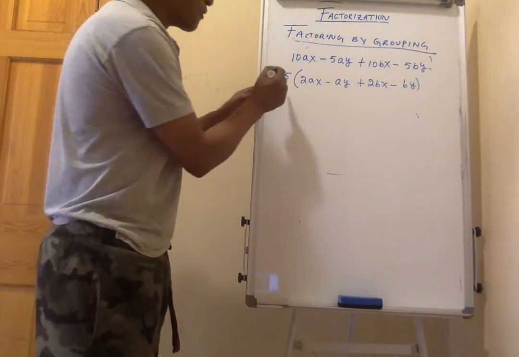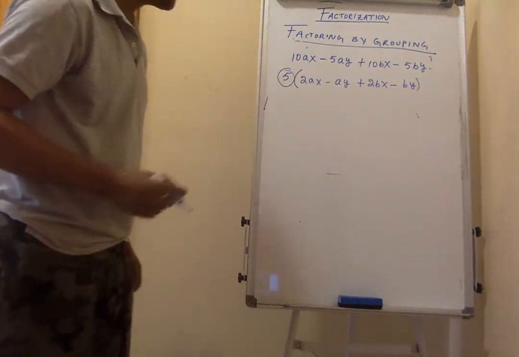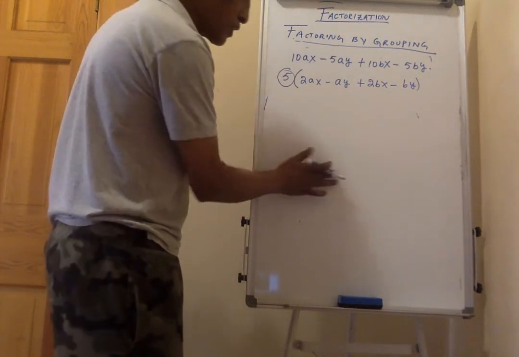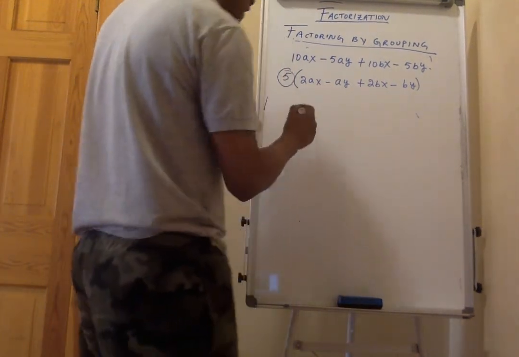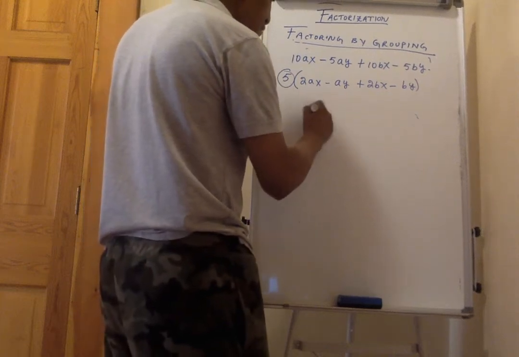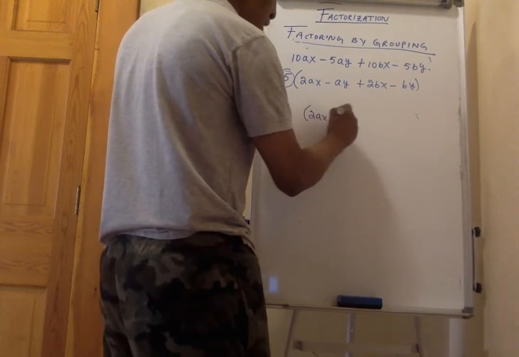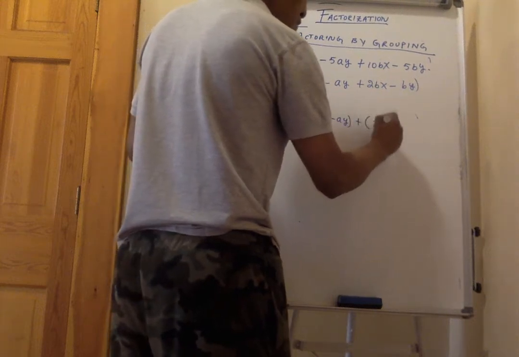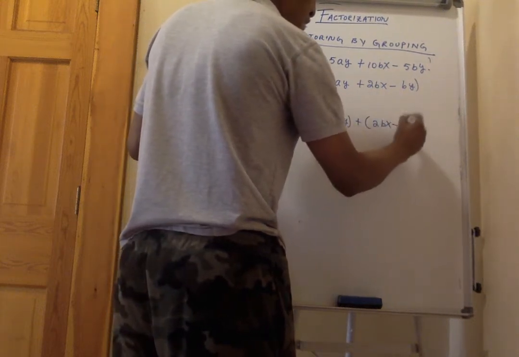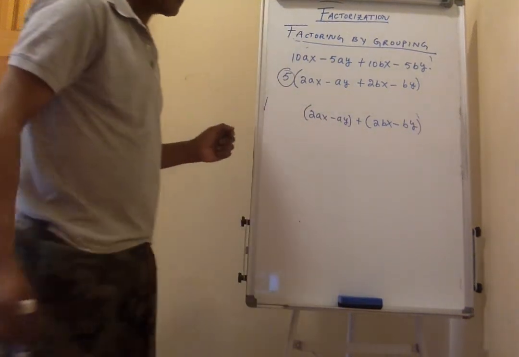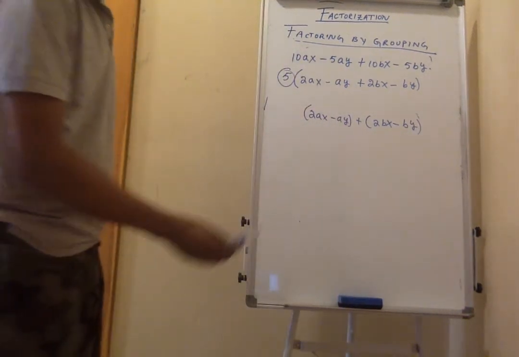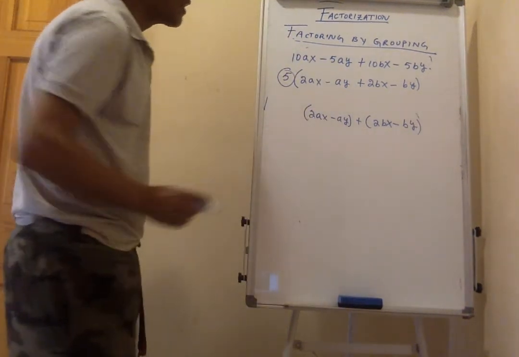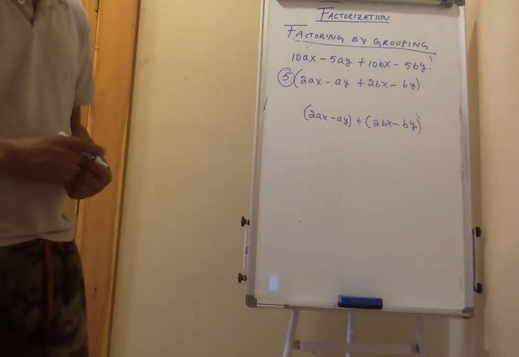Now let's group them. Let's leave 5 aside for now, but when we write the final expression, we will bring it down. So you have 2ax minus ay, and then plus 2bx minus by. Let's find the common factor between 2ax and ay.